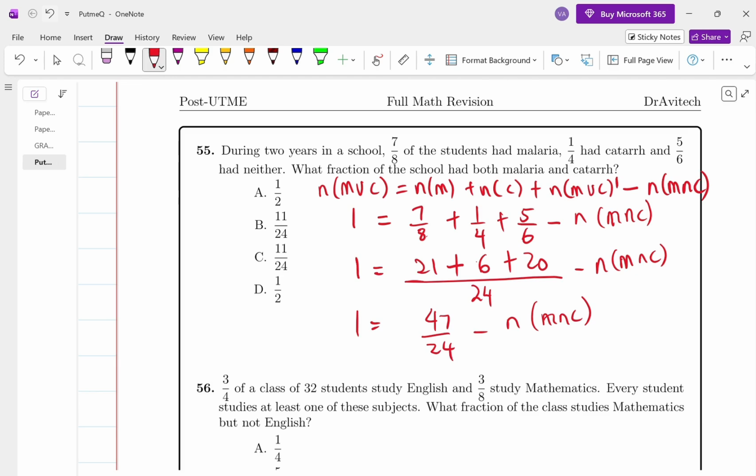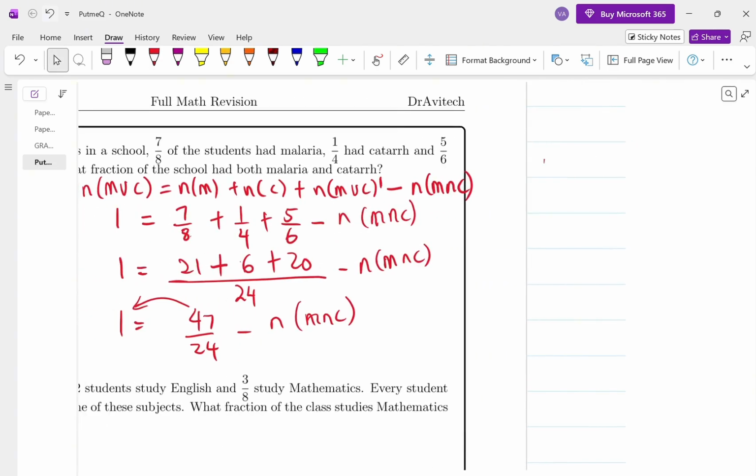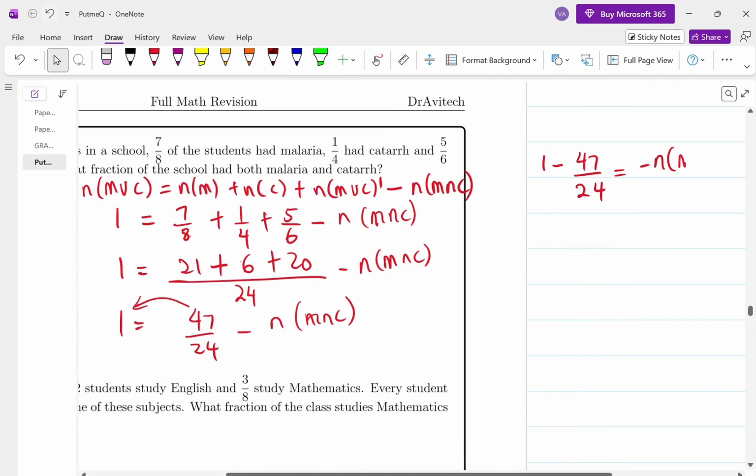So, take this to the other side. We're going to then have, hold on. So this is 1 minus 47 over 24 equal minus n m intersection C. Okay. Now I can put over 1 here, and then take the LCM again.